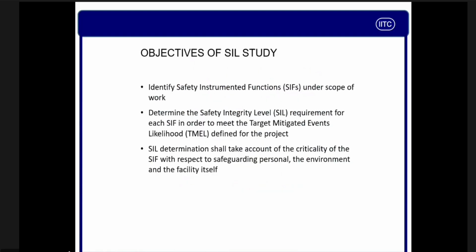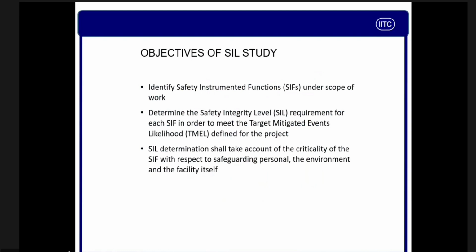Now, what is the objective of the SIL study? Basically, we need to identify all the SIFs in the scope, and we need to define the safety integrity level of each SIF, because in case of any emergency, that safety instrumented function must be working. So what is the purpose?